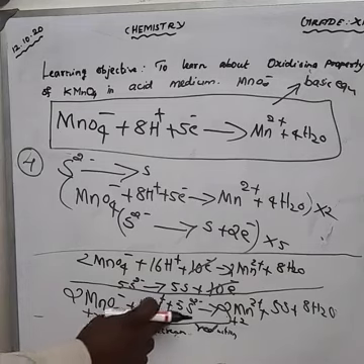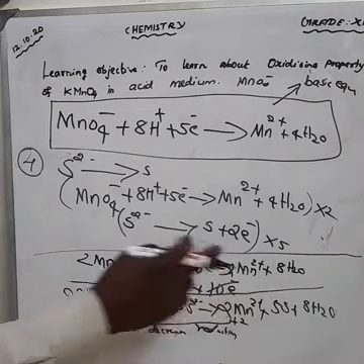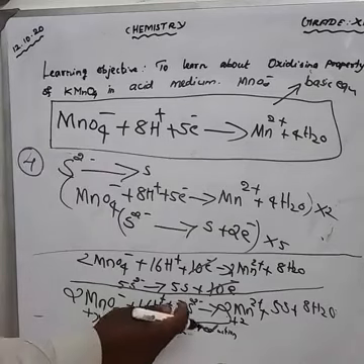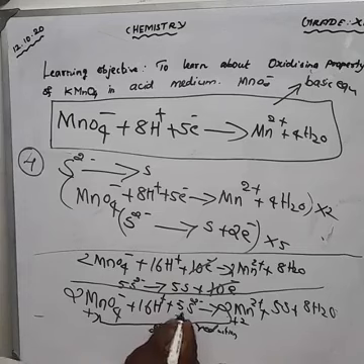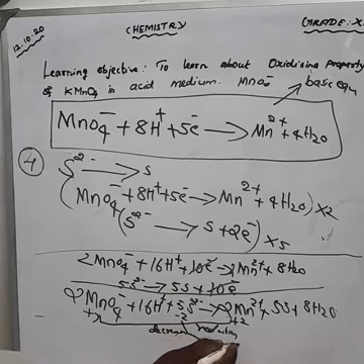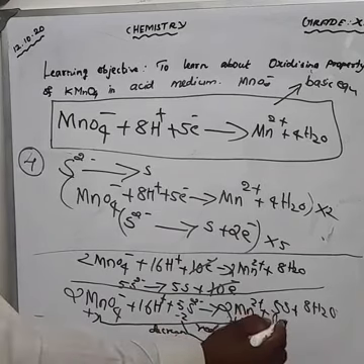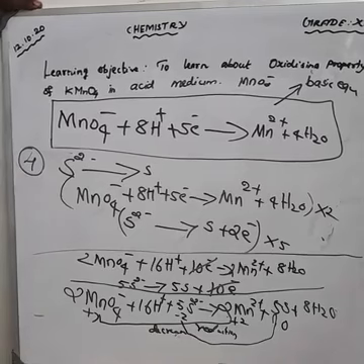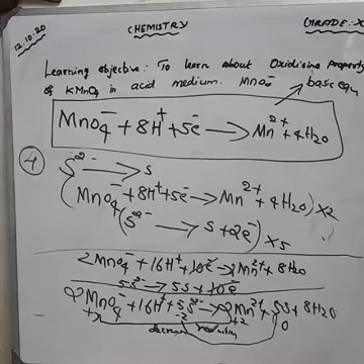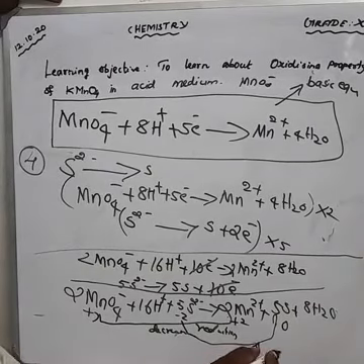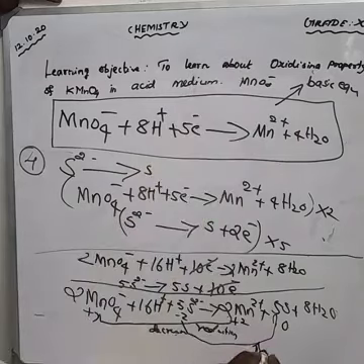Next, sulfide ion to sulfur: it has -2, and sulfur exists freely so it is 0. -2, -1, 0 is increasing, so it is oxidation.